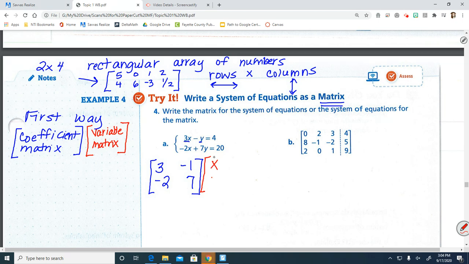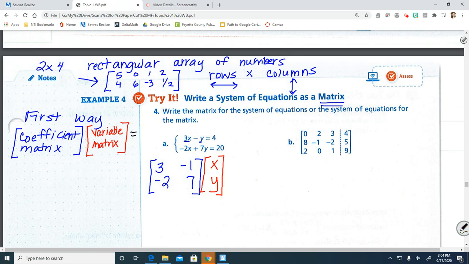I'm just going to tell you to do it this way, because later on in the year we'll study more about matrices and you'll know why you need to write them this way. But for right now, if my x comes first and then the y, then when I set it up as a matrix, the x has to go on top and then the y.